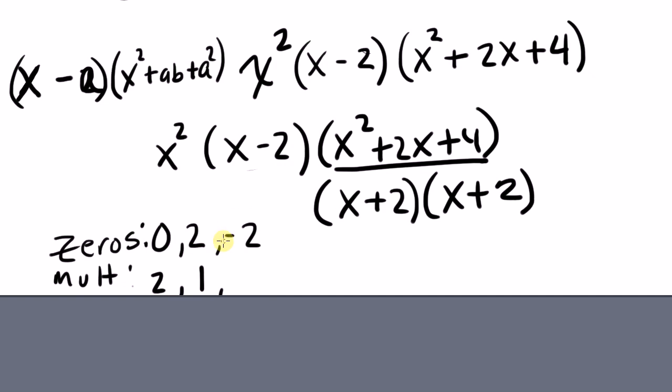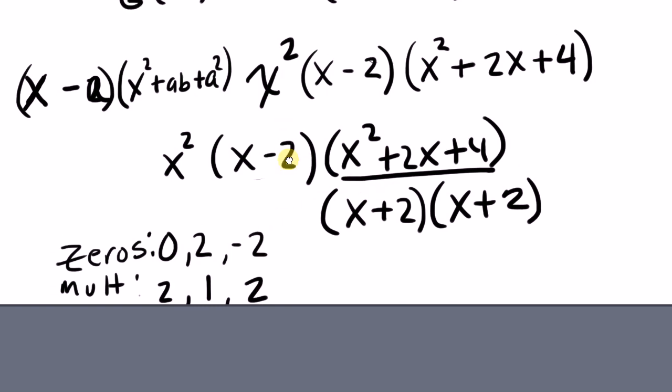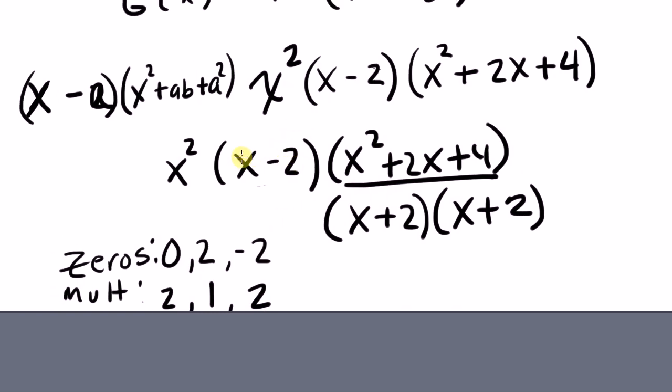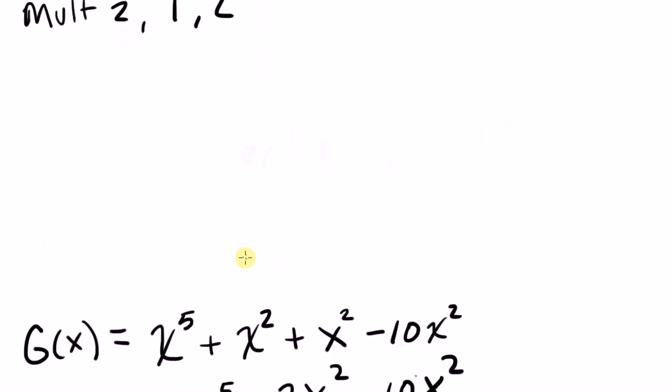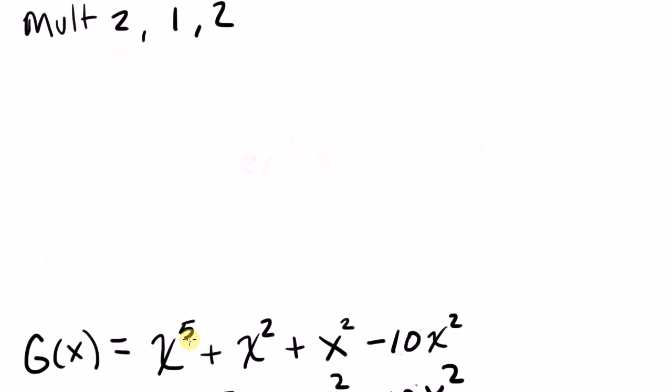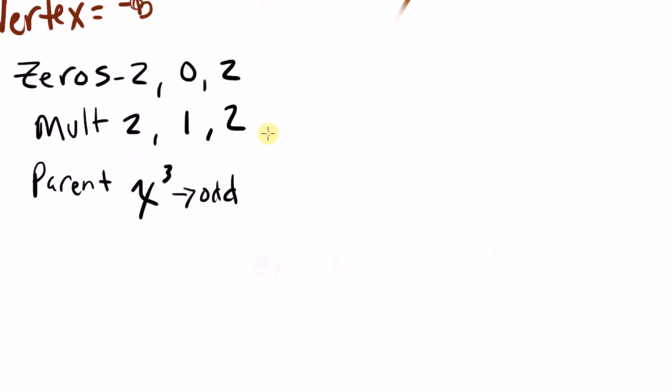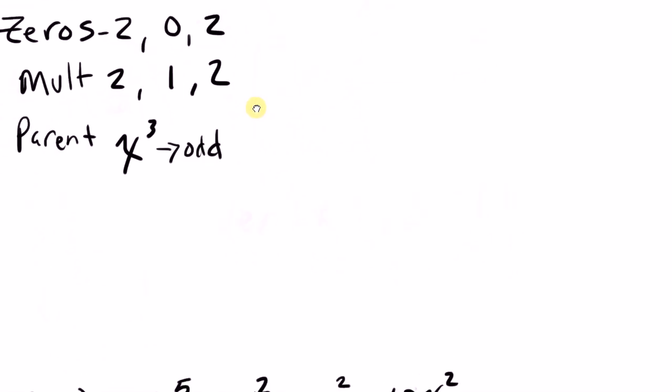So now if we wanted to graph this guy, alright, I had to move some stuff around here. Okay, so this was our original function, x to the 5th. So the parent function is x cubed, and it's an odd function. And our zeros were negative 2, 0, and 2. So remember, the parent graph looks like that guy.